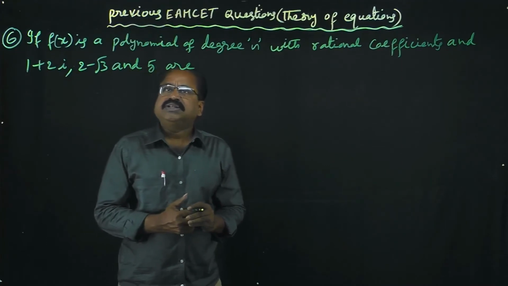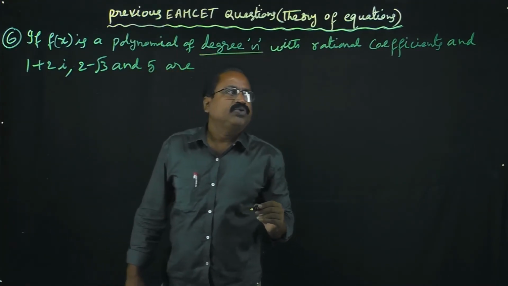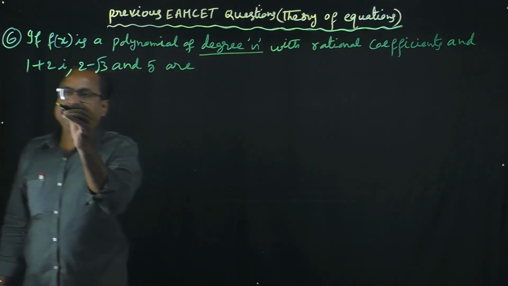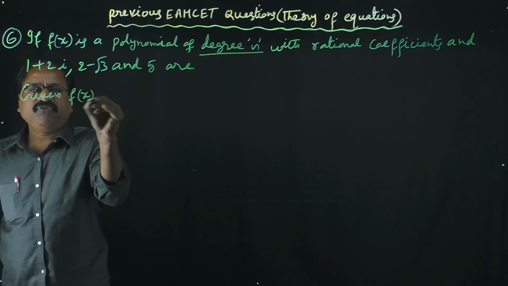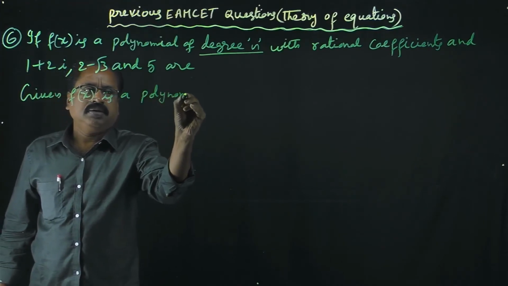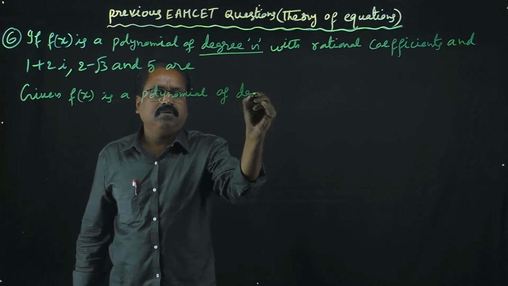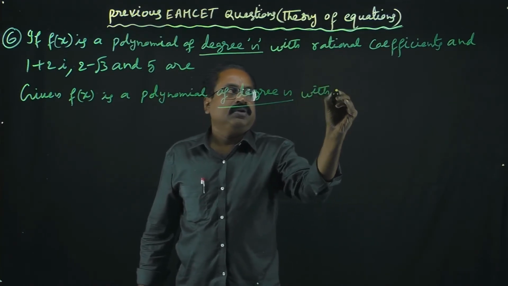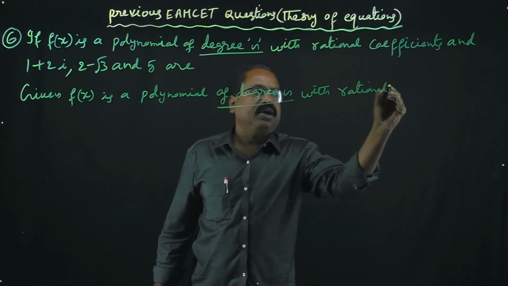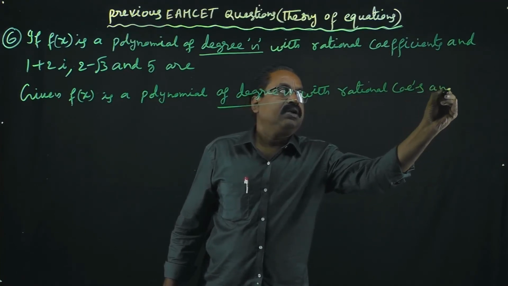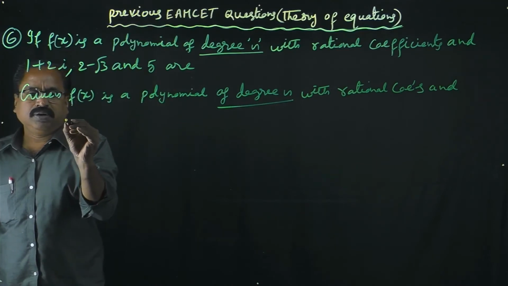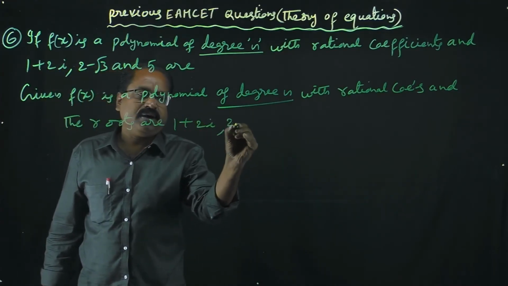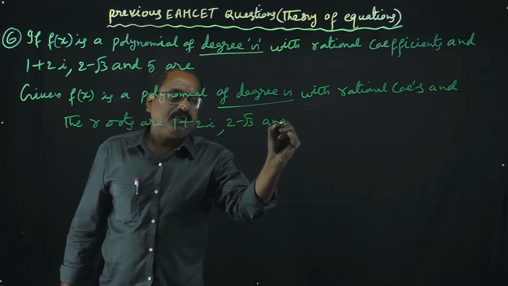Sixth question: if f of x is a polynomial of degree n with rational coefficients and 1 plus 2i, 2 minus root 3 and 5 are given, f of x is a polynomial of degree n with rational coefficients and the roots are 1 plus 2i, 2 minus root 3 and 5.